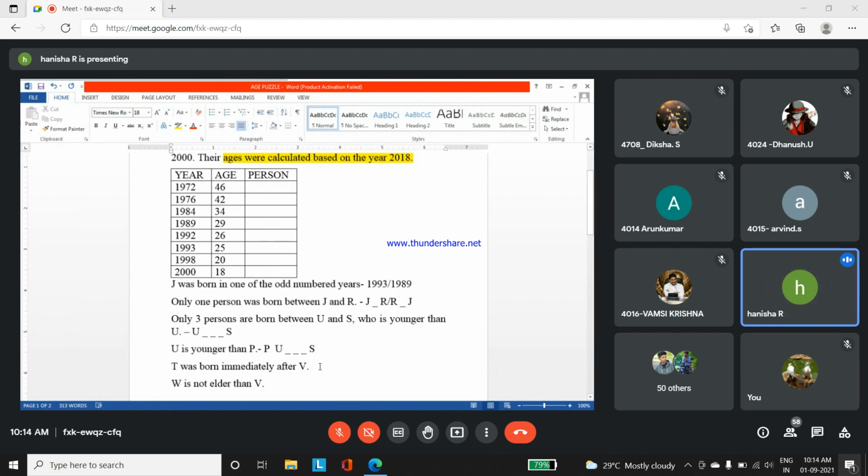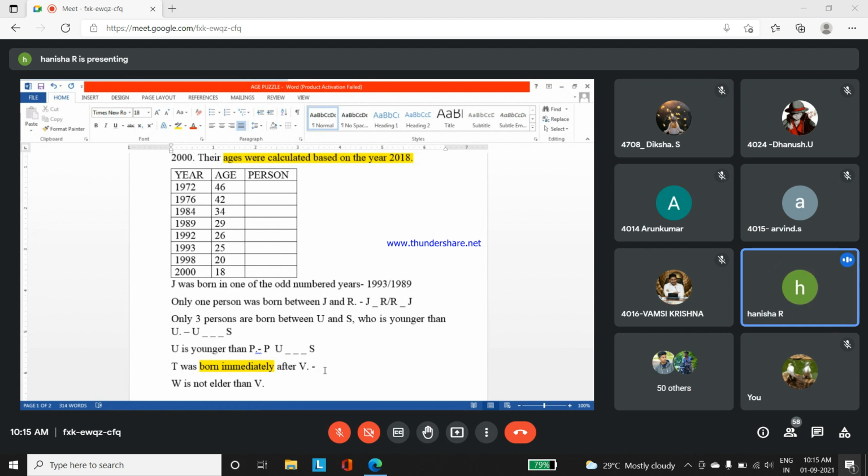The next clue is T was born immediately after V. Here you have to note this particular word, immediately. If you have the word immediately, then you must be very focused on it. The word immediately means you must put right after them, right beside them, right down them, right up them.